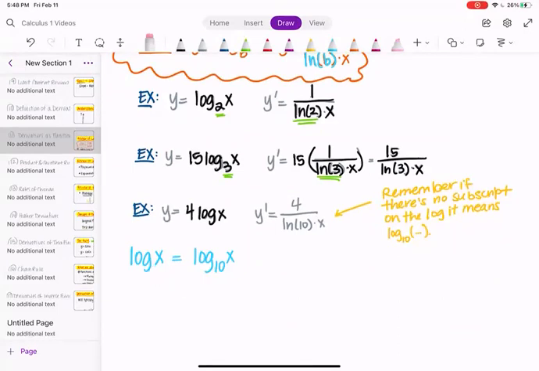So if there's nothing written, it's implied that the base is 10. So that doesn't mean you can just ignore the natural log part in the bottom of the derivative. You actually end up writing natural log of 10 times x. Even though there's not something here, you still have to process the fact that it's implied that it says 10.